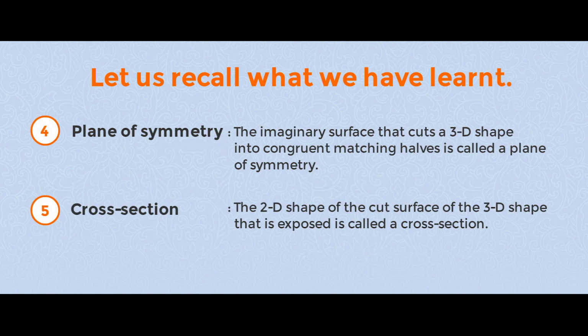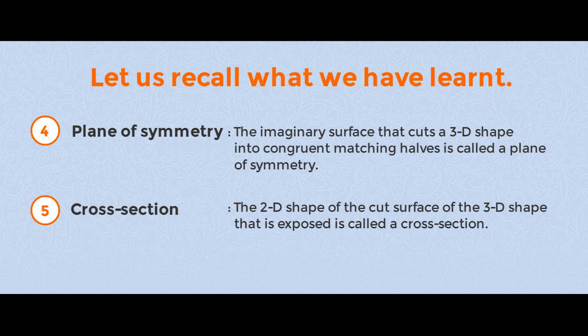Next, we have gone through the plane of symmetry. In simple words, the imaginary surface that cuts a 3D shape into congruent matching halves is called a plane of symmetry. And then the other one is, what's that?